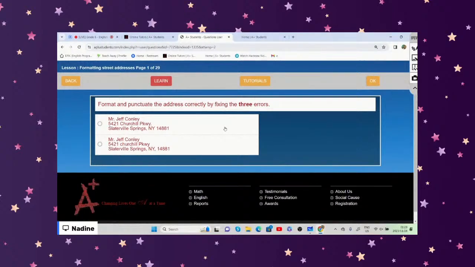If we look at the first option, it says Mr. Jeff Conley, the street address, which is 421 Churchill, PKWY, period. Slaterville Springs, comma, NY, which is New York, sorry. And then we have a zip code, which is 14881.